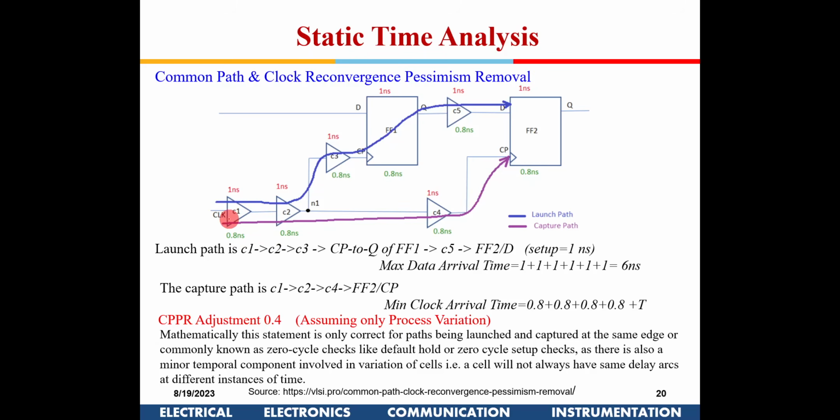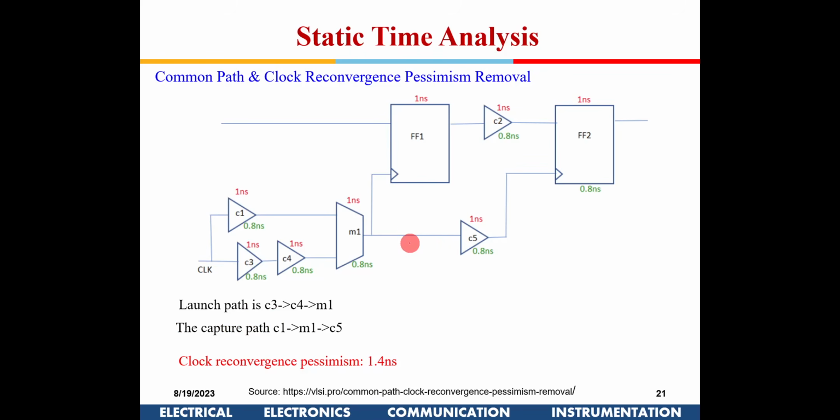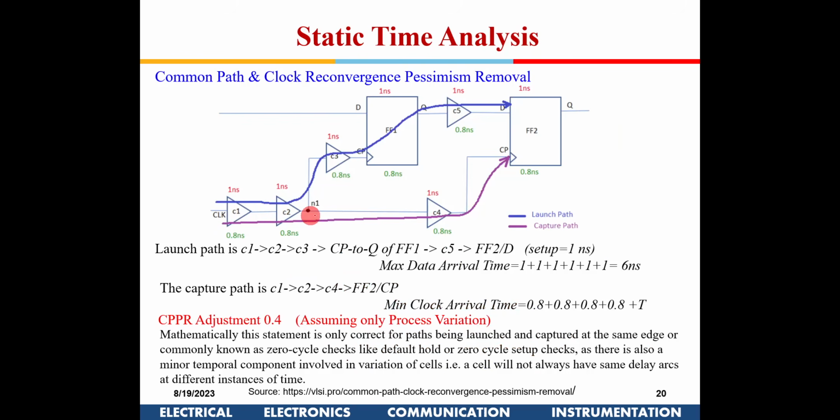So whenever there are modules, like these two buffers which are common in both these paths, either you take 1 or you take 0.8. That is known as common path pessimism removal, CPPR. Once you do this particular analysis, the tool computes what the common blocks are.